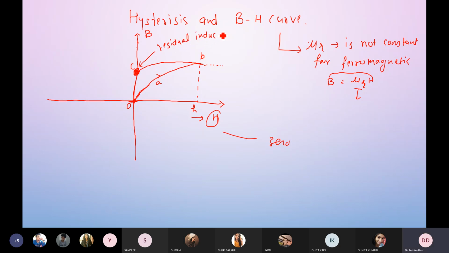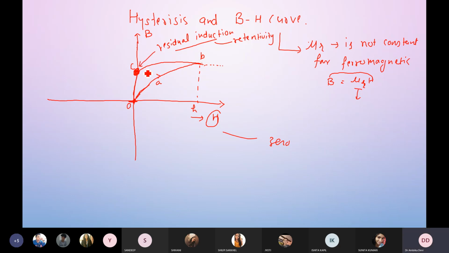This behavior is also known as retentivity.